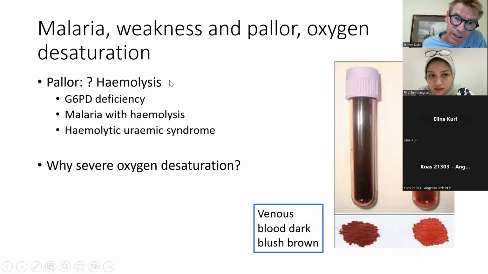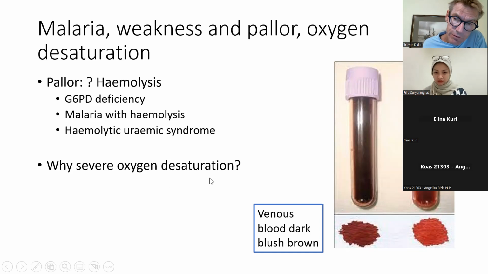So he had evidence of hemolysis, and the possibilities are that he had G6PD deficiency, most likely, or maybe malaria with hemolysis, or maybe a condition called hemolytic uremic syndrome, where there is an infection that leads to both impaired kidney function and hemolysis. It would present in a similar way, except often the children are looking much sicker than this.